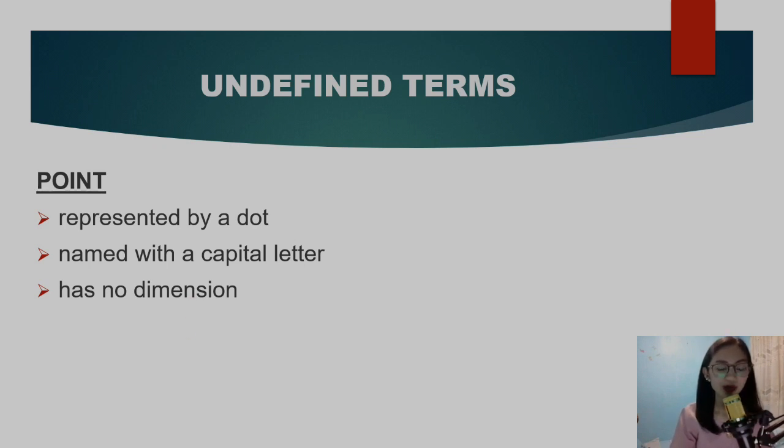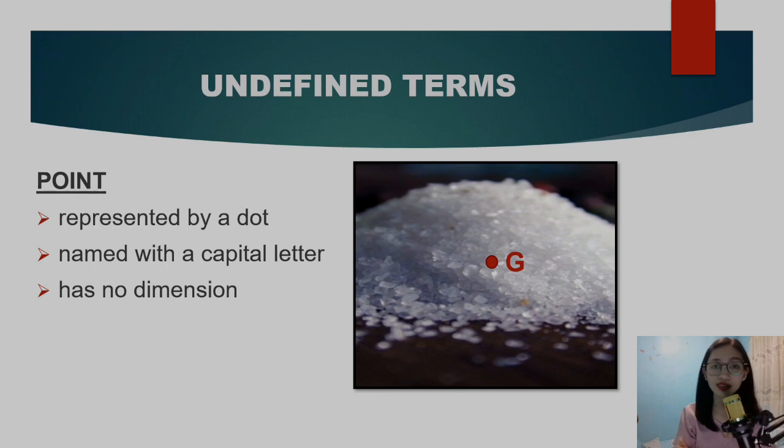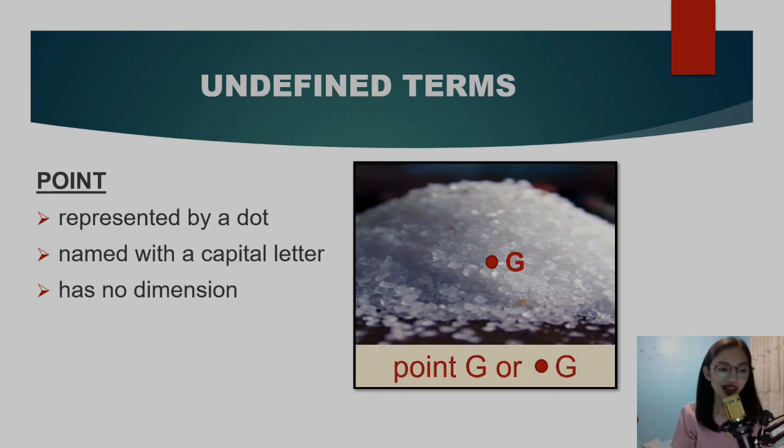To illustrate, we have here the grains of salt. We have there a point and a capital letter. What do you think is the name of this point? This point is point G. We simply write the word point and then the capital letter G. Or in symbol or in diagram, we draw a dot and then the letter, which is G. So we can name the point in 2 ways.